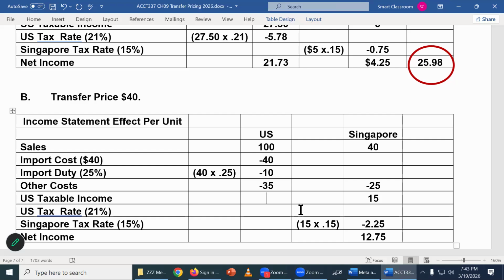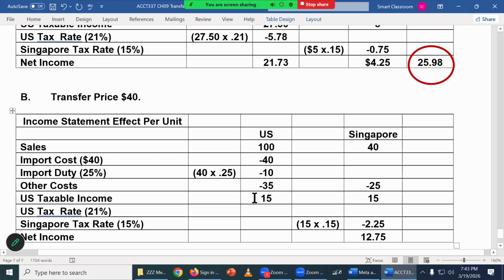It is. I didn't realize that those are both the same. That's an unhappy coincidence, by the way. These two don't have to be the same. Okay, US tax rate is 21%.